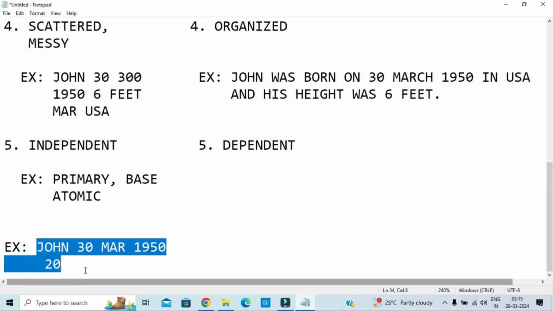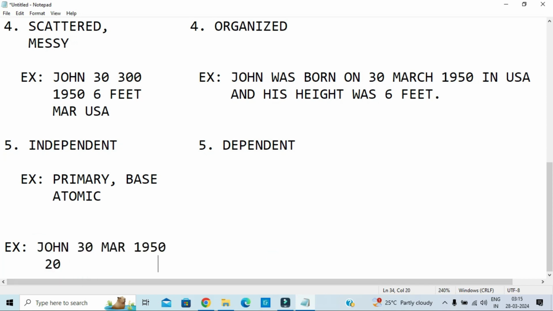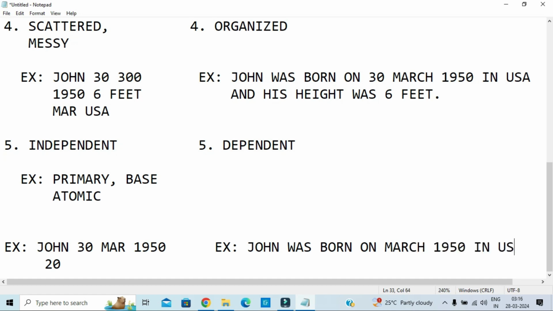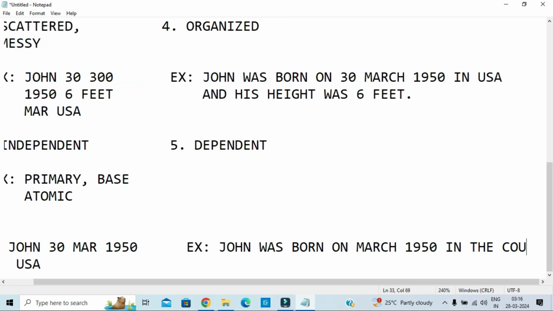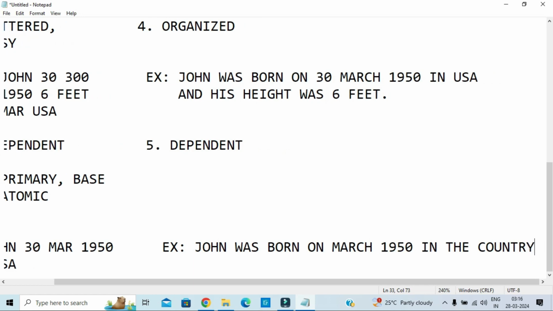So this is data. If you look at this information, John was born on March 1950 in the country USA.